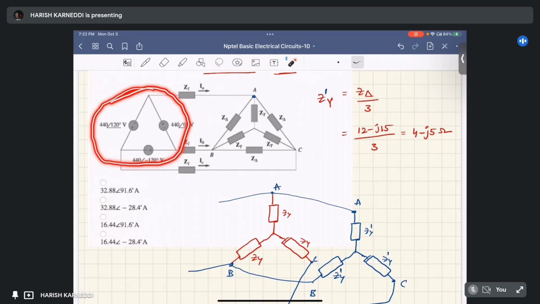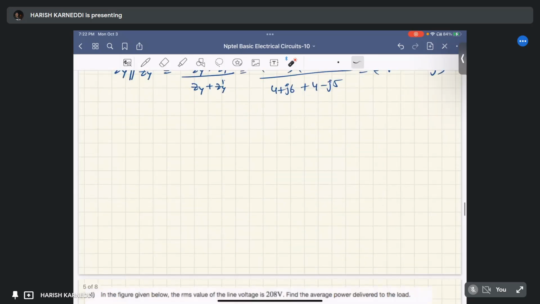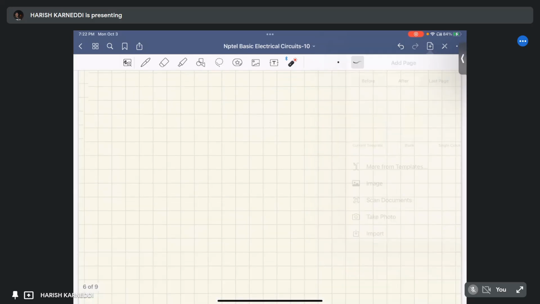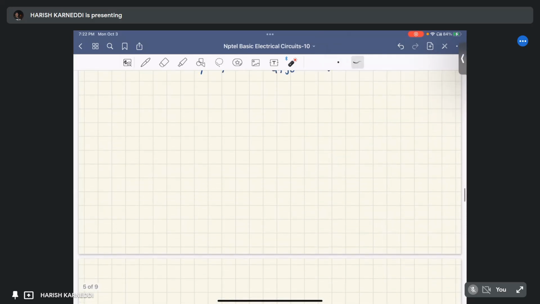It means here these are line voltages. We have to convert into star. However, there are three voltages; let us suppose this is R phase voltage and this is Y phase voltage and this is B phase voltage.